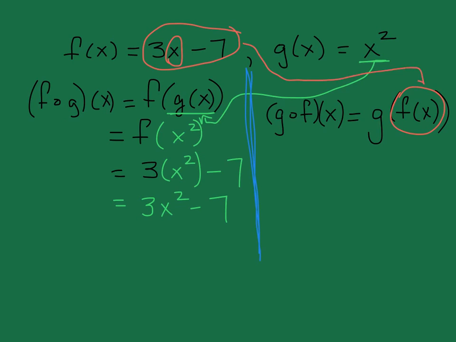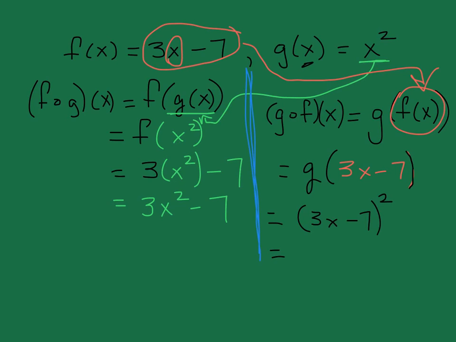So that goes right down there. So that will give us g of 3x minus 7. And that means we put 3x minus 7 in place of the x in our function g. So that means we get 3x minus 7 quantity squared.